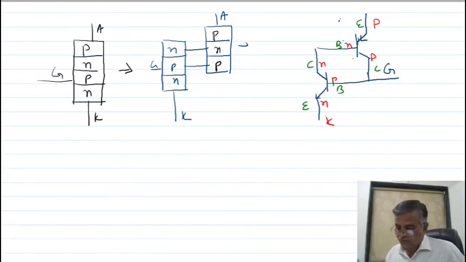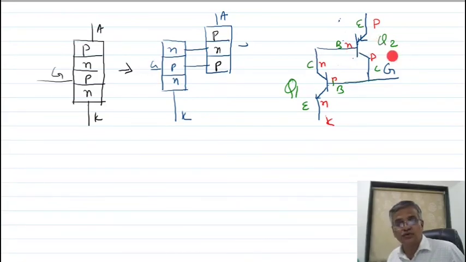Now see, once I give the gate current, transistor Q1 starts conducting. As Q1 starts conducting, the collector current of Q1 becomes the base current of transistor Q2.